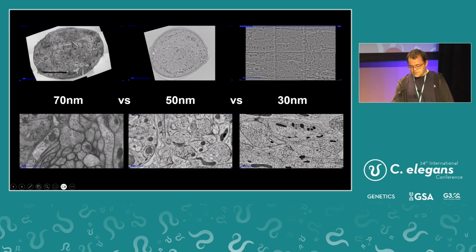But if we move to 50 nanometers, everything's just so much clearer. You can see these beautiful synapses, these vesicles, etc. And then if you have a super stable ultramicrotome and you can go to 30, it's even better. But just because it's more stable, we tend to stick with 50 nanometers.